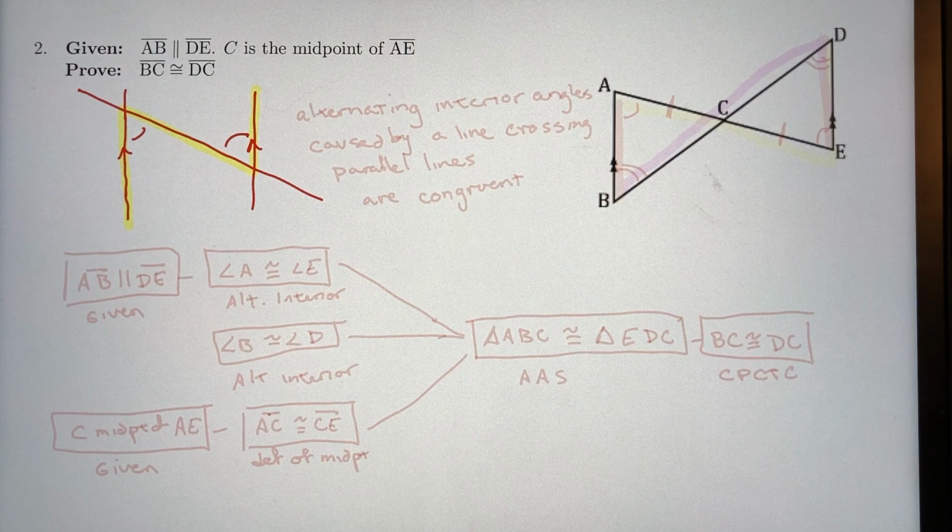So these are called alternating interior angles. And you recognize them by doing a zigzag.